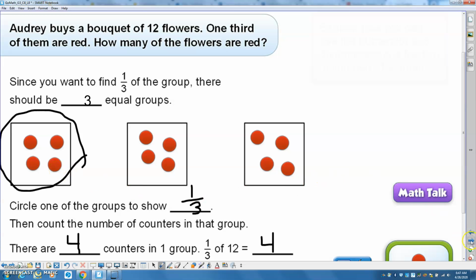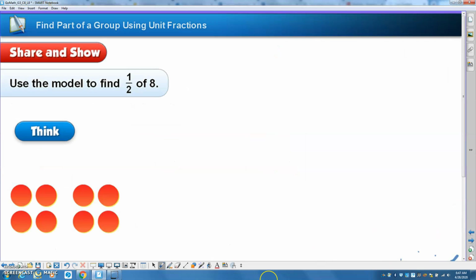So let's try this another way. Okay, so we want to show 1/2 of 8. We know that the denominator tells us how many groups we're going to have. We're going to have 2 equal groups. Remember, they have to be equal.